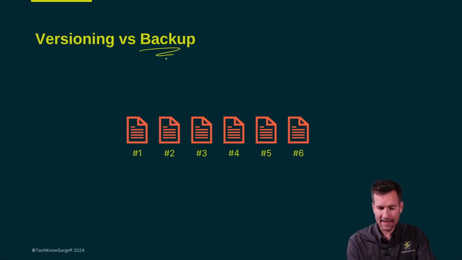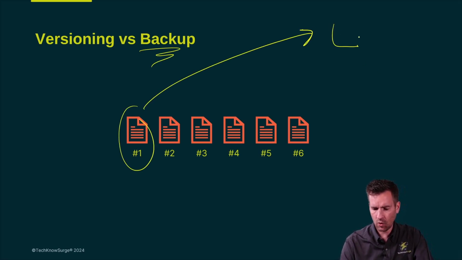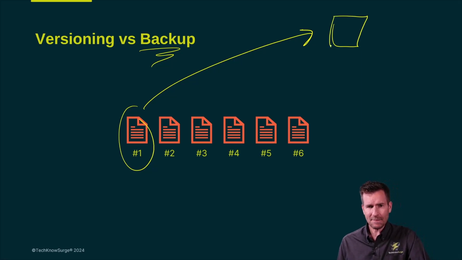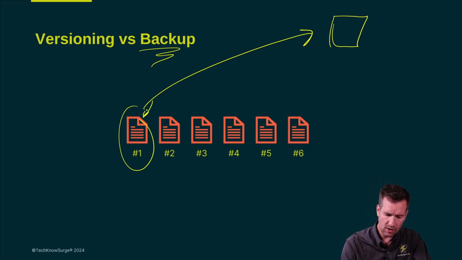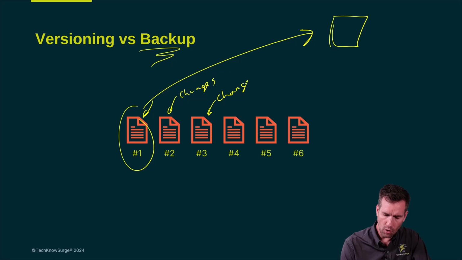Versioning is not backup. With backup, we create a copy of something, so it's a whole other copy of it. What happens with versioning is rather than creating a whole other copy for every single version, it's just tracking the changes. So your changes get tracked over time, and if you ever go back to a prior version, it would just be those changes.